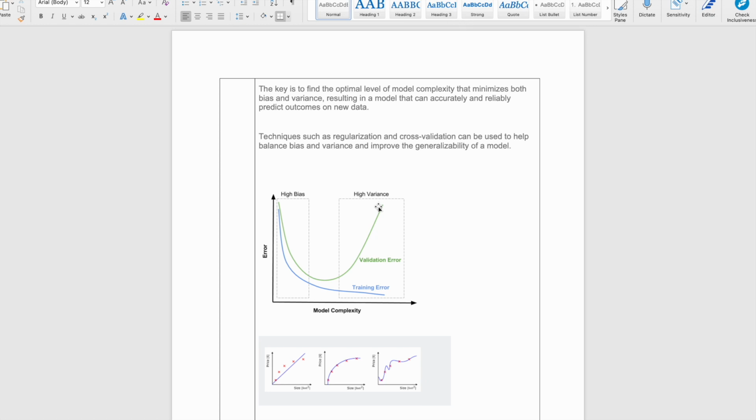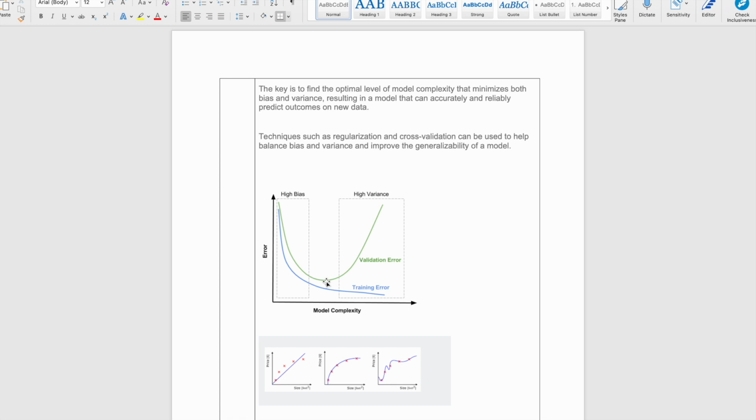So friends, I hope this particular diagram captures the essence of the bias variance trade-off very well. So what is the sweet spot where my bias is not so high and my variance is not so high? The way to figure that out is to find where my training and validation error are both low.